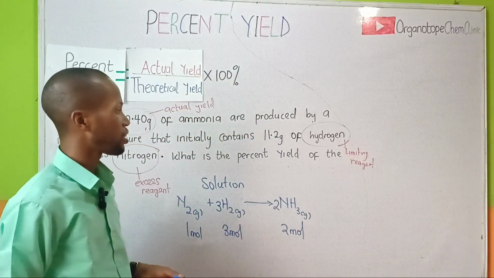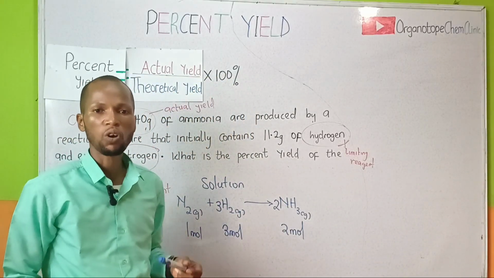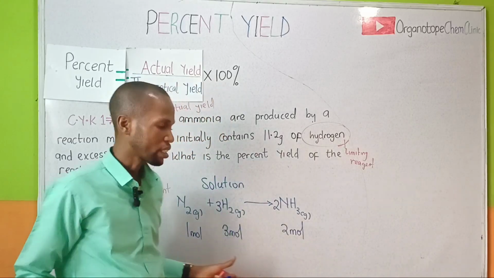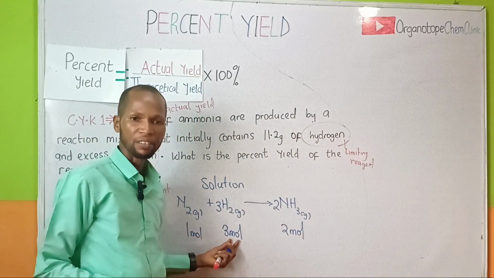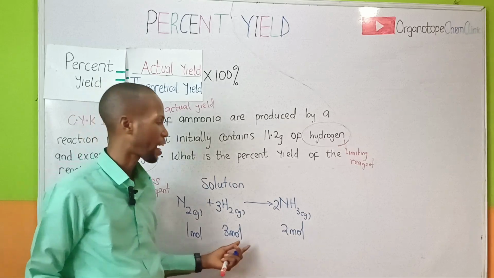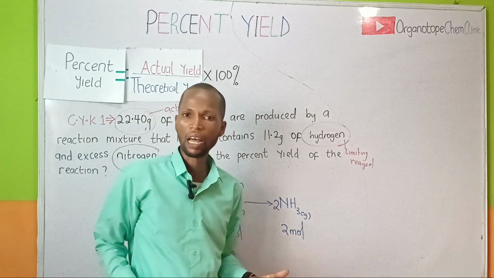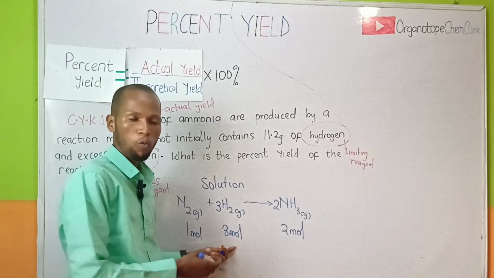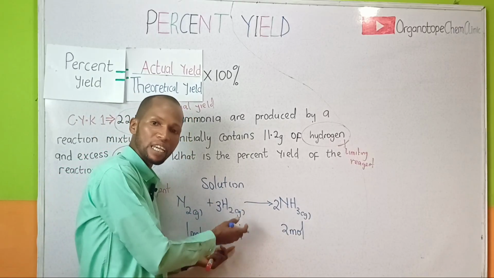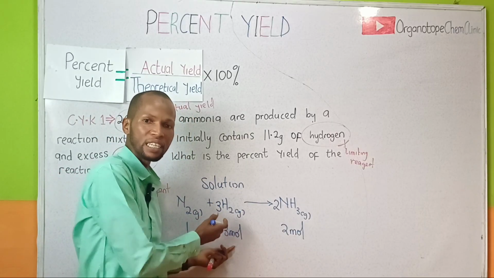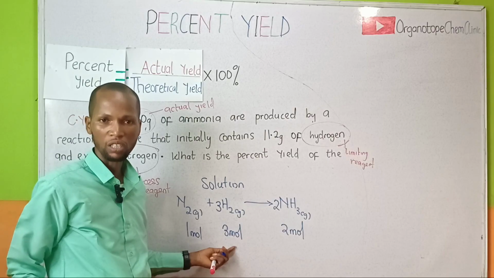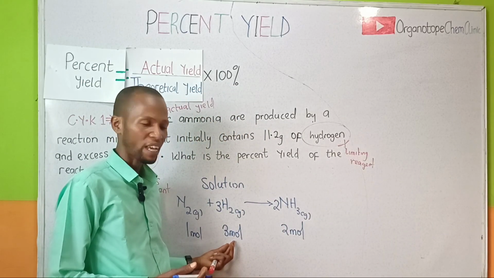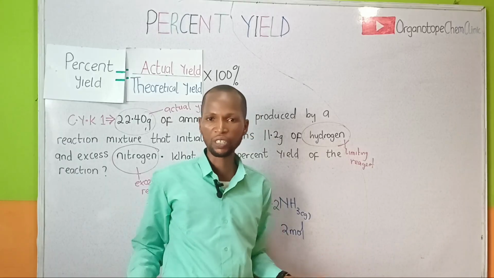In order to determine the theoretical yield, we have to consider the stoichiometry of the reaction. So can we determine the molar mass of hydrogen gas on the reactant side and the molar mass of ammonia? Because the reaction will come to a stop once the hydrogen gas on the reactant side is exhausted or consumed. So can we determine the reacting mass of hydrogen molecule and the mass of ammonia formed?